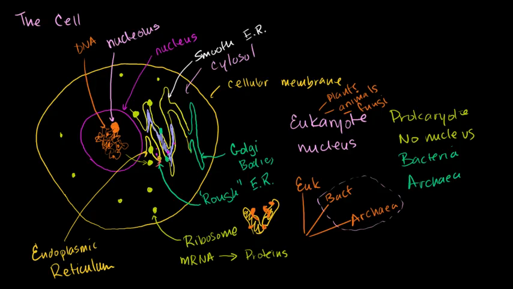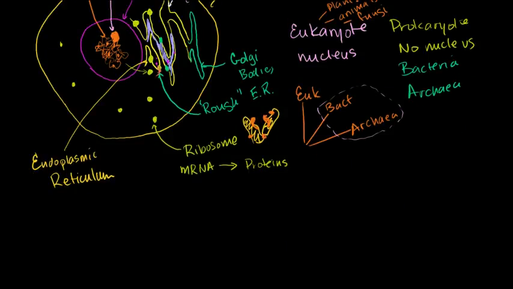Let me make a blow up of that, because I think that'll be useful. So let me draw an endoplasmic reticulum. Let's say this is the membrane of the endoplasmic reticulum. And then you have ribosomes attached to it. So let's say that's a ribosome on the rough endoplasmic reticulum. And what you can have is mRNA coming into one side of it.